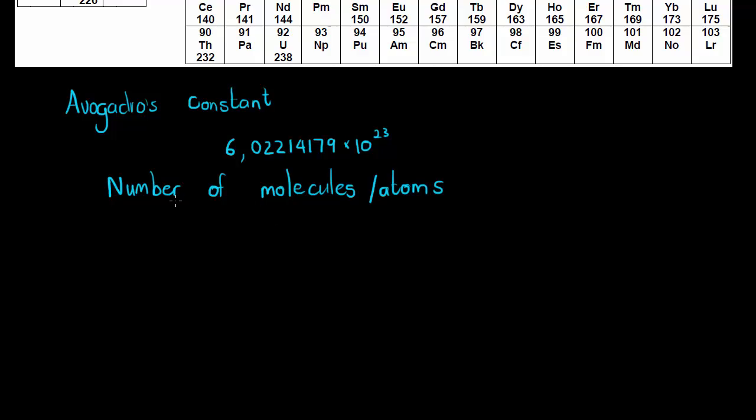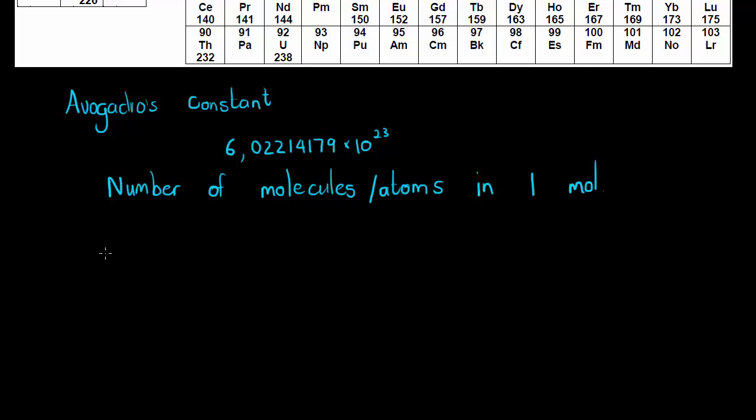It can either refer to the number of molecules or the number of atoms in 1 mole. In other words, 1 mole is 6.02214179 times 10 to the power of 23 molecules or atoms.